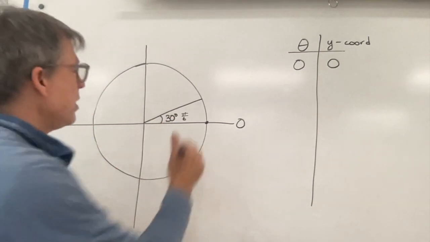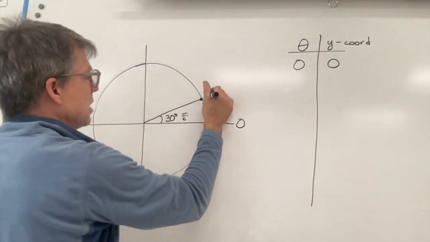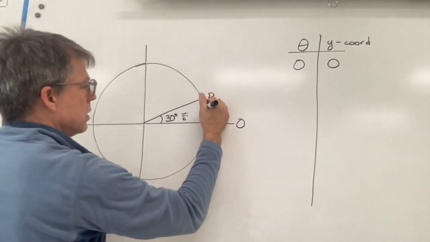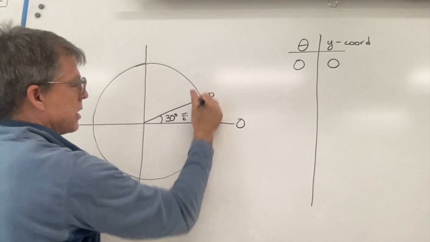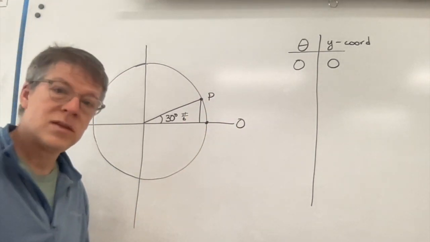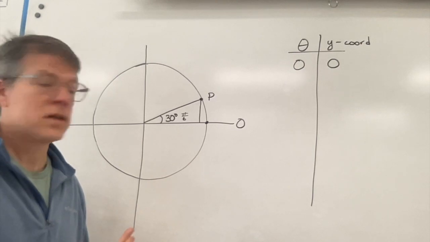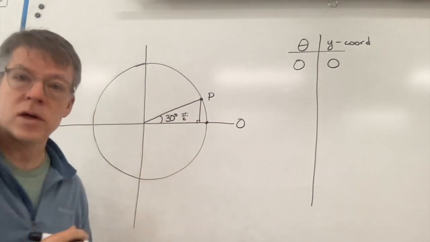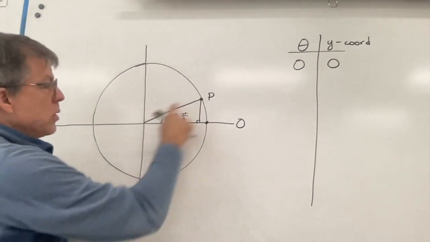So where is the person now? Well, they're not down at the ground anymore. They're up a little bit. What is their y-coordinate right here? For those of you that remember trig, there is a way to get that y-coordinate because we have a right angle here. So we can use SOHCAHTOA. We remember, hopefully, the radius.